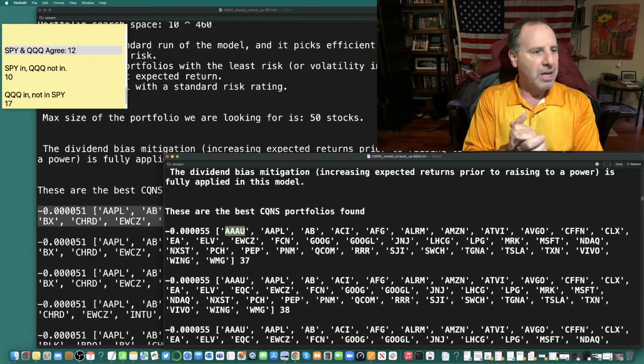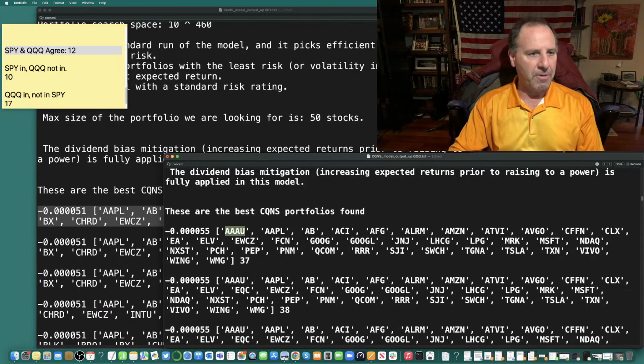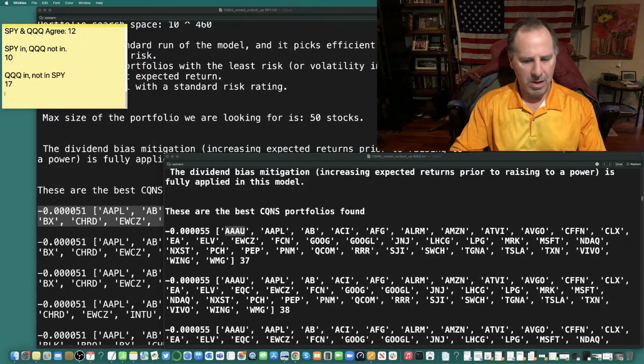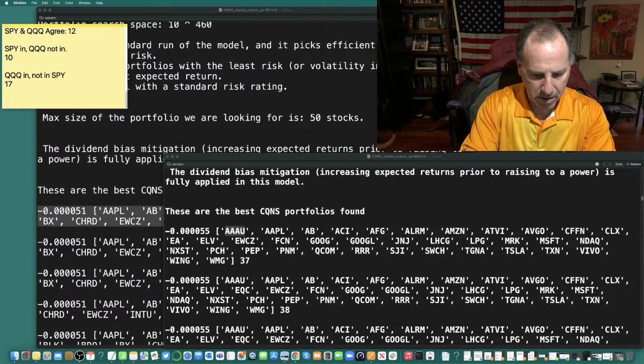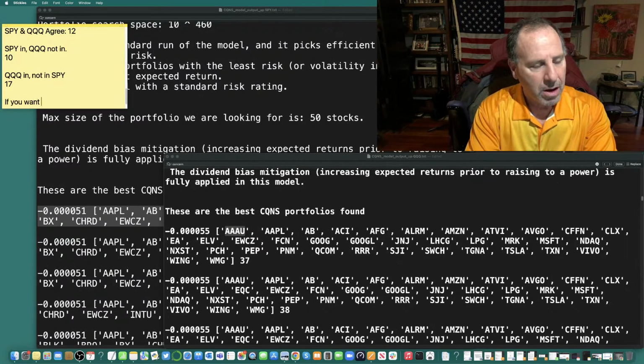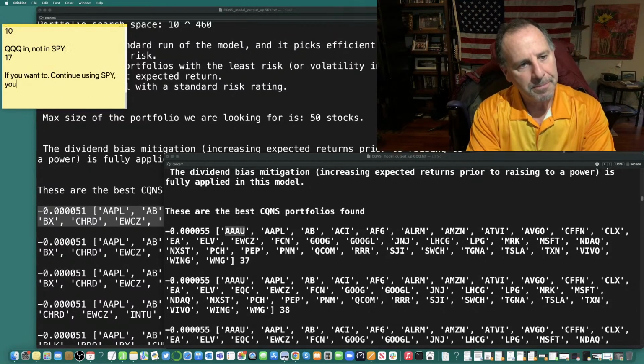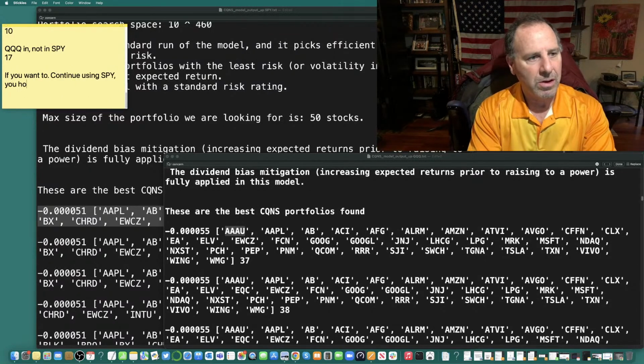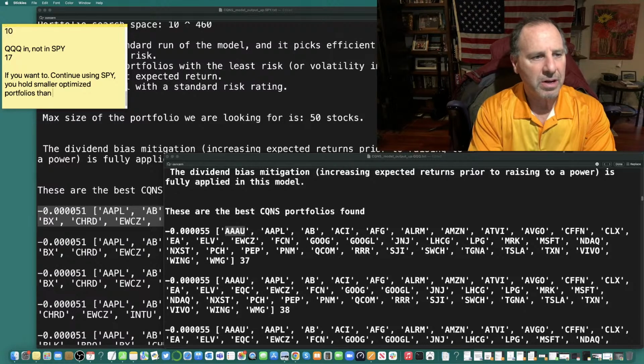So, net, let me wrap this up for you. If you want to continue using SPY, you hold smaller optimized portfolios than if you use QQQ.